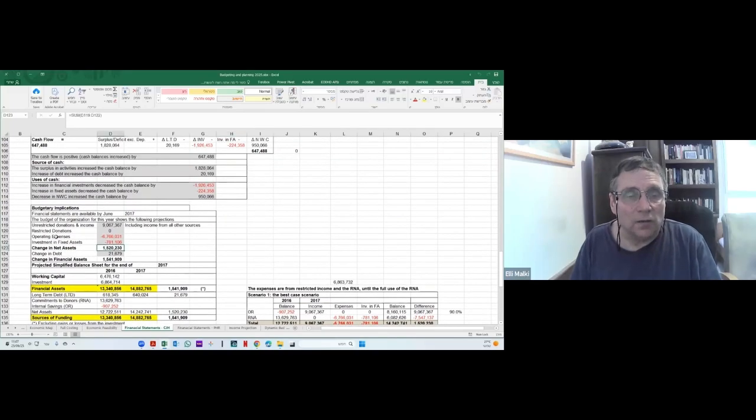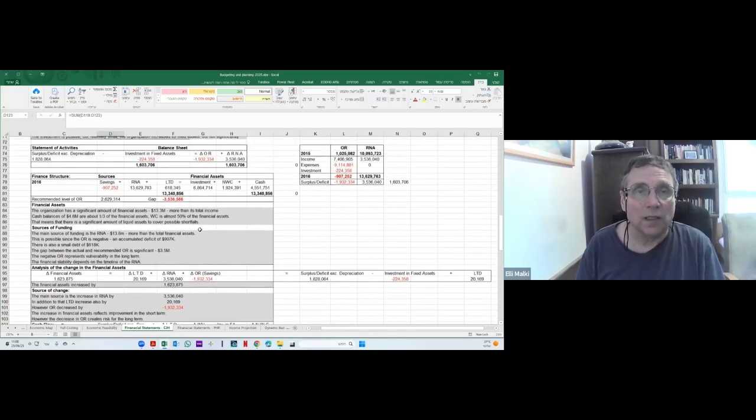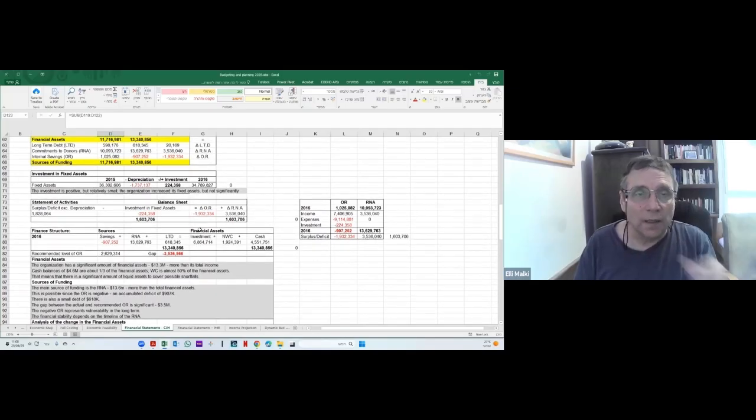And we sum, see, this is the sum of income and expenses, and that is the expected change in net assets. So we can determine using this data that it is expected that we will have an increase in net assets of $1.5 million, but we don't know yet how this increase is allocated between the two components. Okay, so let me go back. So we can forecast this figure by forecasting the projected surplus and the projected investment in fixed assets.